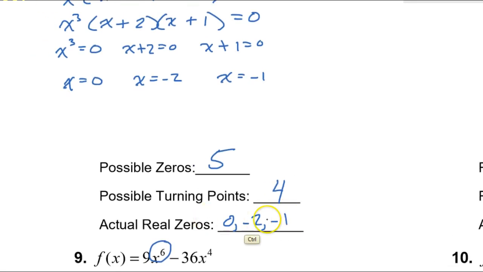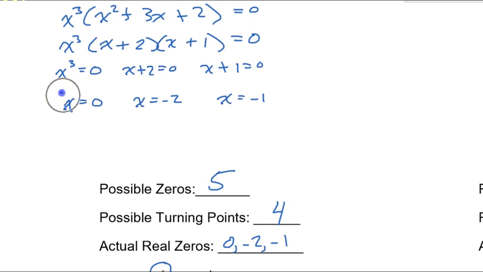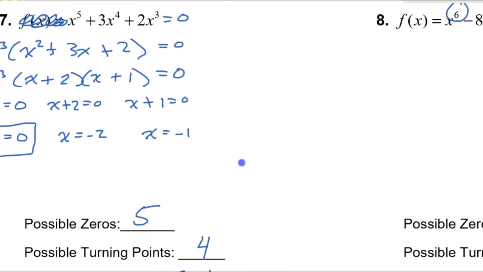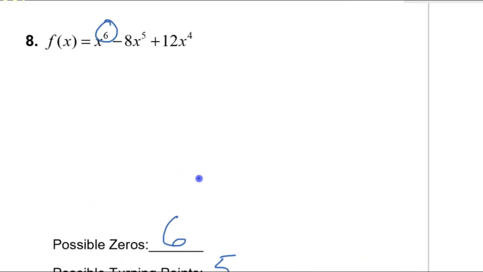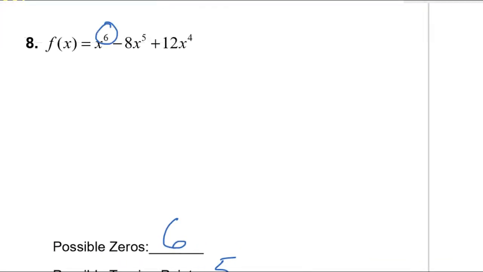And really the reason why we only had 3 is because this 0 was really a triple 0. It's multiplicity 3 because it came from x to the 3rd power. So it sort of counts as though it's 3 zeros. Anyway, moving on. Looking at problem number 8. Okay, there is a common factor here, so let's deal with that.